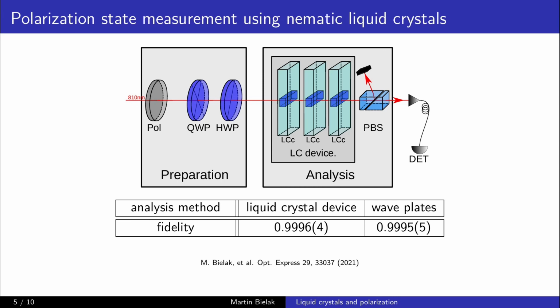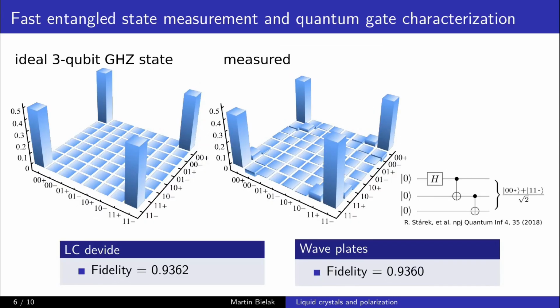In quantum communication or information processing, the characterization and manipulation of strongly correlated pairs of photons is also indispensable. But with increasing number of modes, the number of necessary projections increases rapidly. We use the liquid crystal device for three-mode entangled state reconstruction to demonstrate that the liquid crystal device is also suitable for this single photon application.